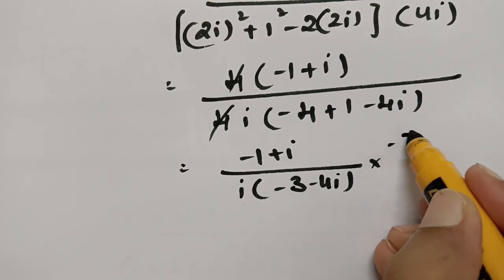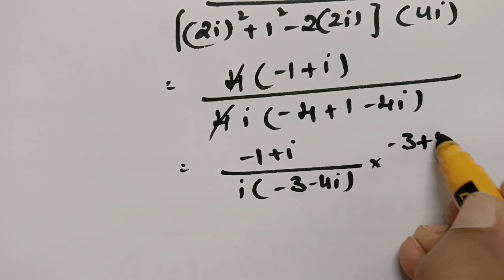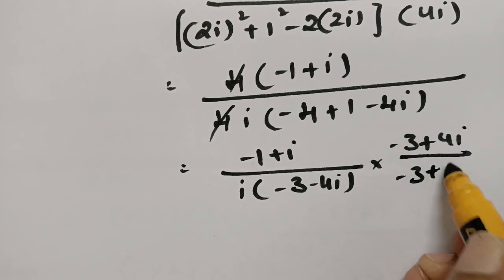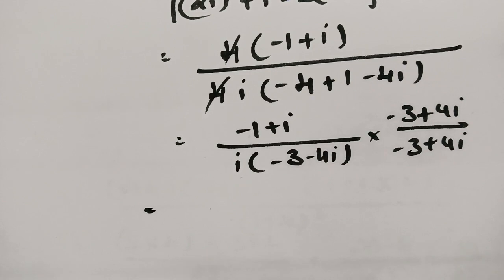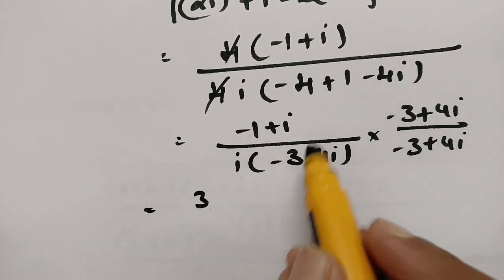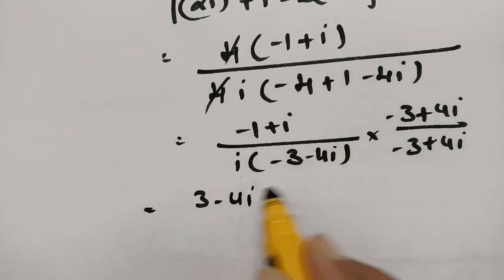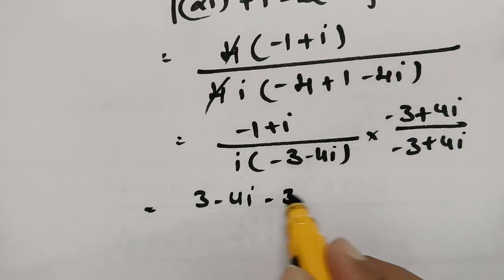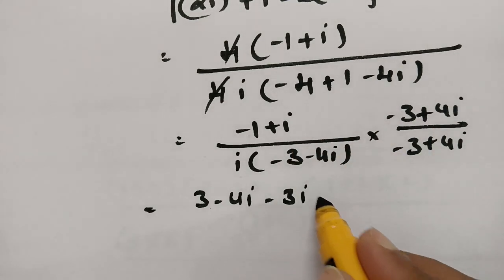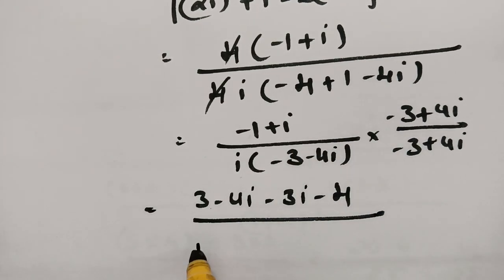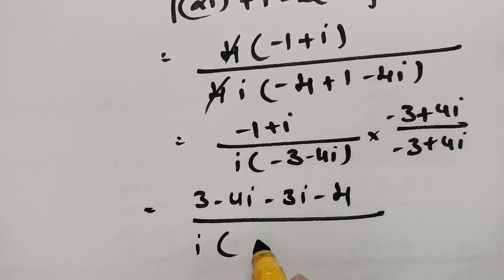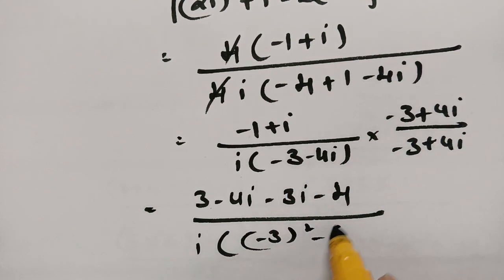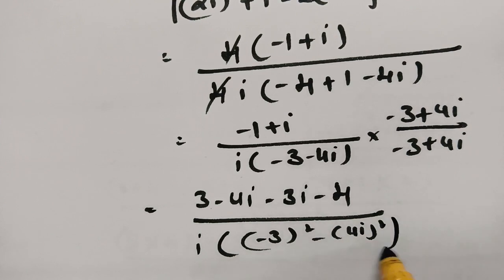So if I rationalize this with minus 3 plus 4i, see what happens here. Minus 3 plus 4i, then if I multiply, this is 3, this is minus 4i, with the i this is minus 3i, and this is minus 4i. This will be a plus b into a minus b, so this value is a square minus b square.